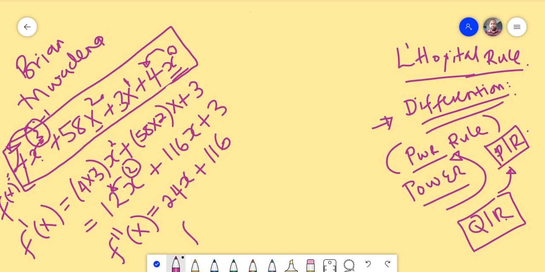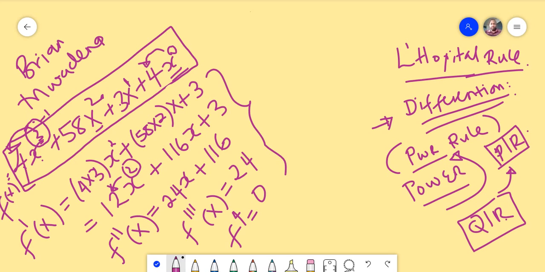Then I can go to the third derivative, and the answer will be 24. And then the fourth one, since it's a constant, will be 0. So that's power rule differentiation.